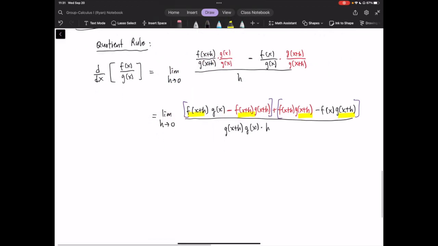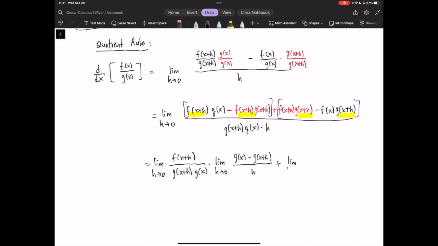All right, so this is going to become then the limit as h approaches 0 of, I'm going to factor a couple things out here. So the first one, the f of x plus h is going to factor out. And then this denominator of g of x plus h times g of x is going to factor out, all right? Times what's left here, I'm going to write this as a limit as well. Limit as h approaches 0 of g of x minus g of x plus h all over h, plus, same thing's going to happen with this second one.